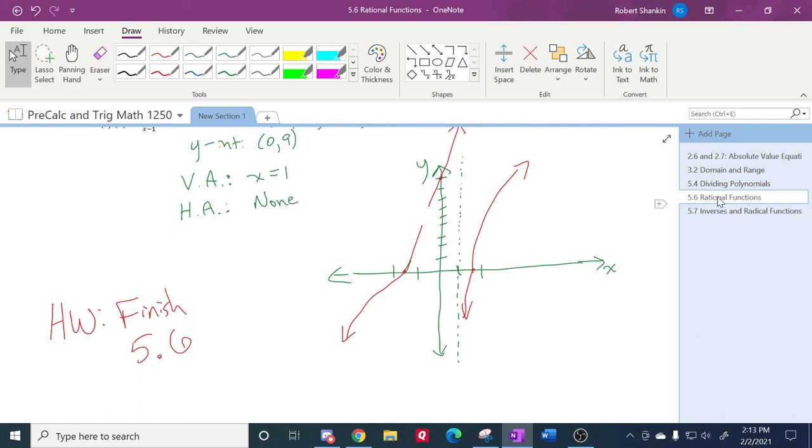So I've built buffers into the schedule. Next week we had a blank day on the last day of the week, so we'll wind up being caught up by the time that we finish next week. Alright, so I'll go ahead and change the due dates though for the 5.6 and 5.7.